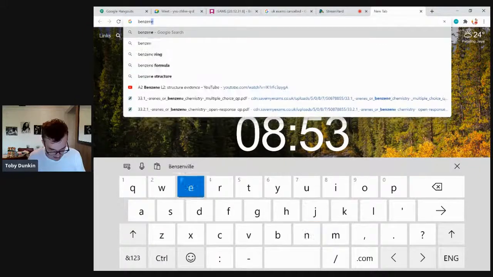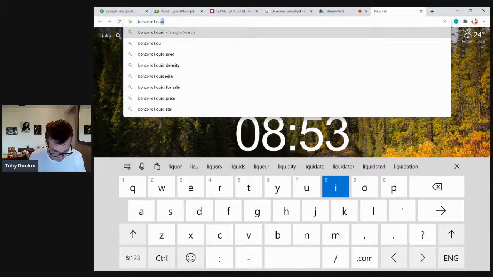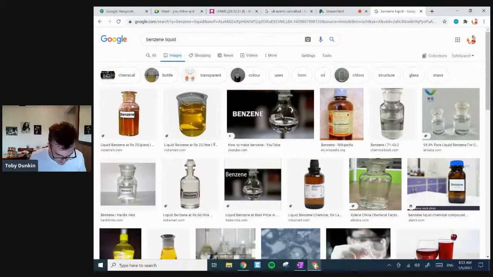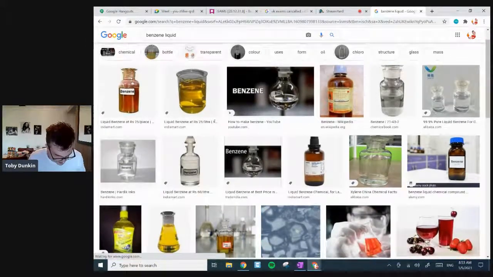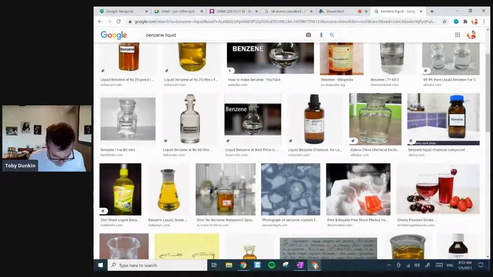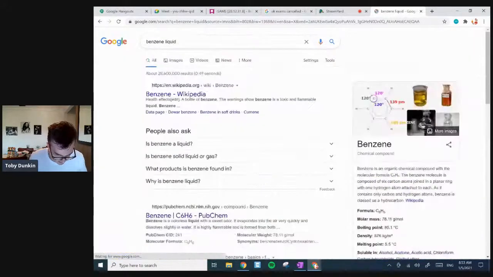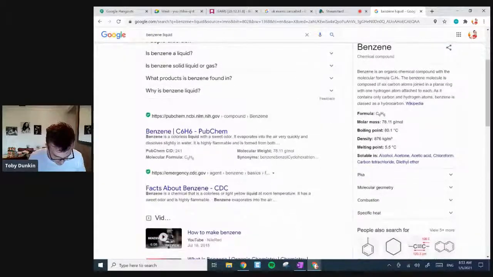So benzene liquid. So it's almost colored. There you go, yellow liquid. It's not that yellow, by the way. Yeah, it's almost colorless from my understanding. It'll be an impurity that's making it really yellow like that. Yeah, let's see. I wonder what it actually describes it as.